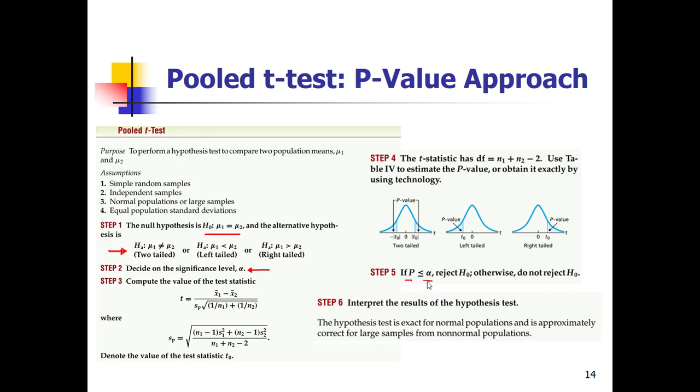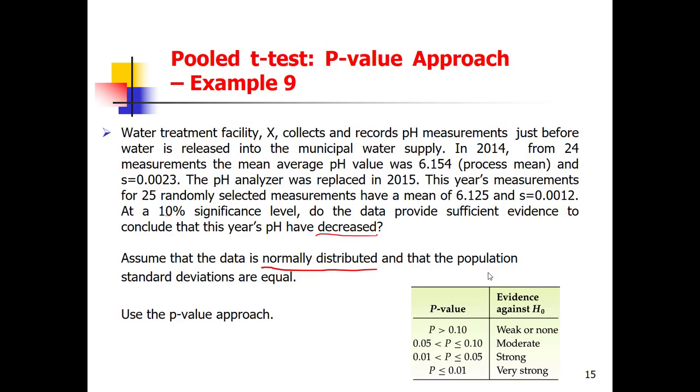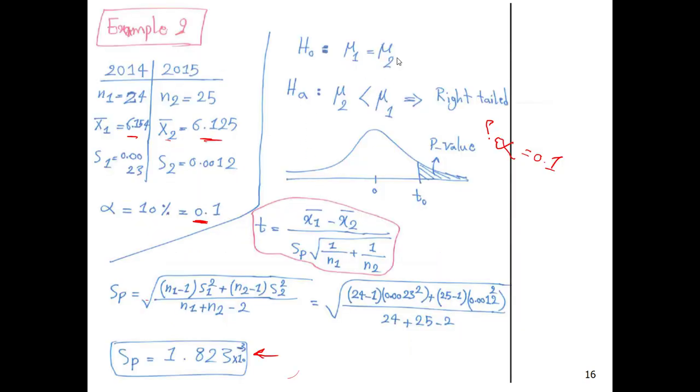If p is smaller than alpha, we reject the null hypothesis and we accept the alternative hypothesis. It means we can say, with all this data and evidence that we have, that the mean of pH measurement has decreased this year compared with the previous year.